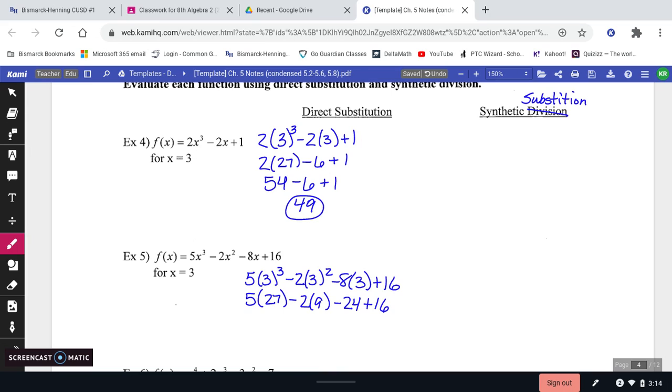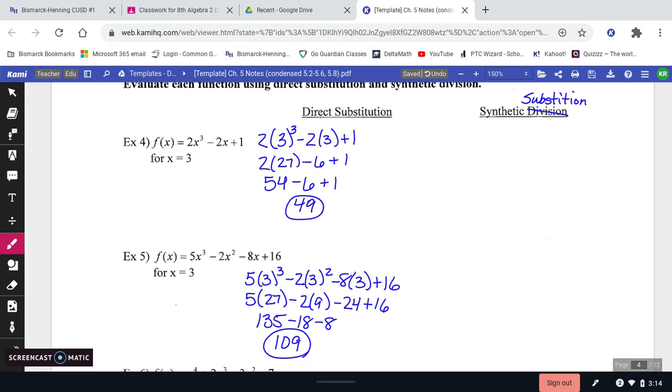Well, 5 times 27, I think that's 135. 135 minus 18, and I'm going to go ahead and put my minus 24 and plus 16 together. That's minus 8, and I think that is 109.